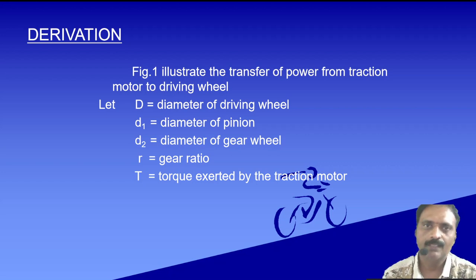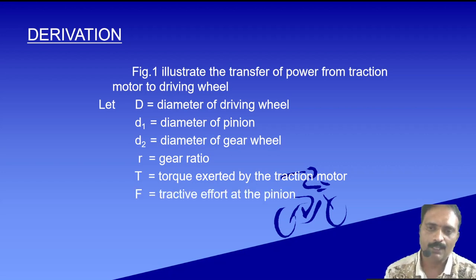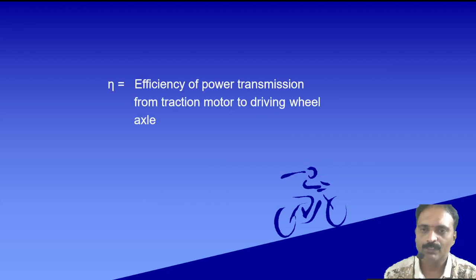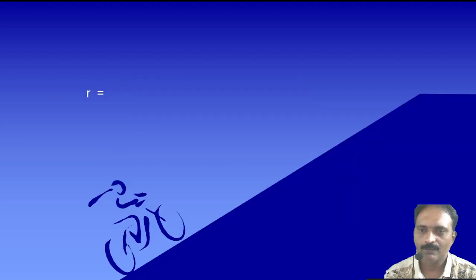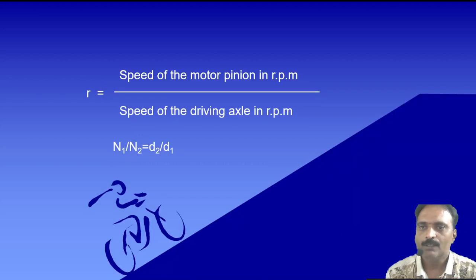So let us consider T as the torque exerted by the traction motor, and F is the tractive effort at the pinion, that is the input actually we consider, and Ft is the output, tractive effort is the output. Let us consider efficiency of power transmission from traction motor to driving wheel as eta, and Ft is the tractive effort. Now the gear ratio is going to be equal to D2 by D1, gamma.